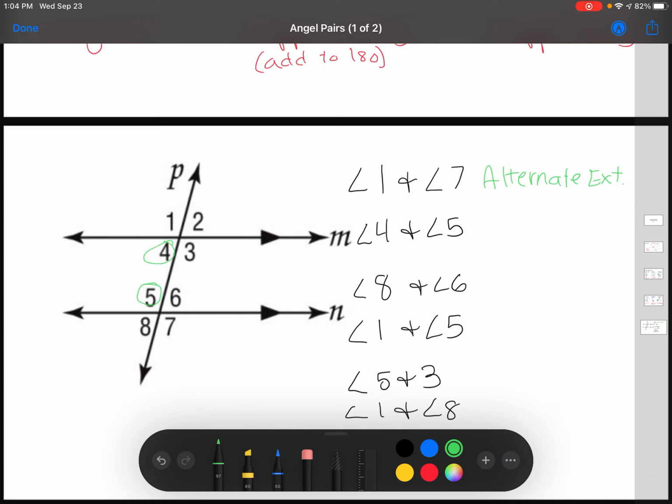4 and 5 are both inside, so they're interior, and they're on the same side. So we'll call them consecutive interior. Then we have 8 and 6. They're across from each other. We know those are vertical.